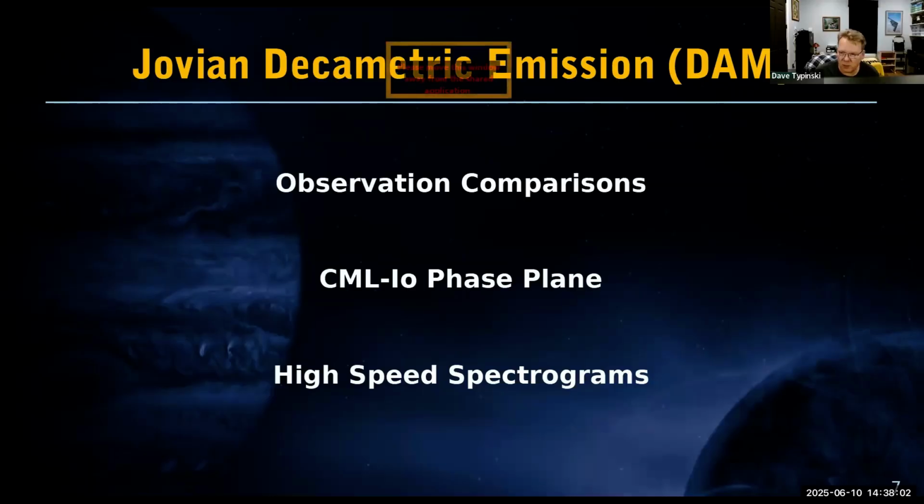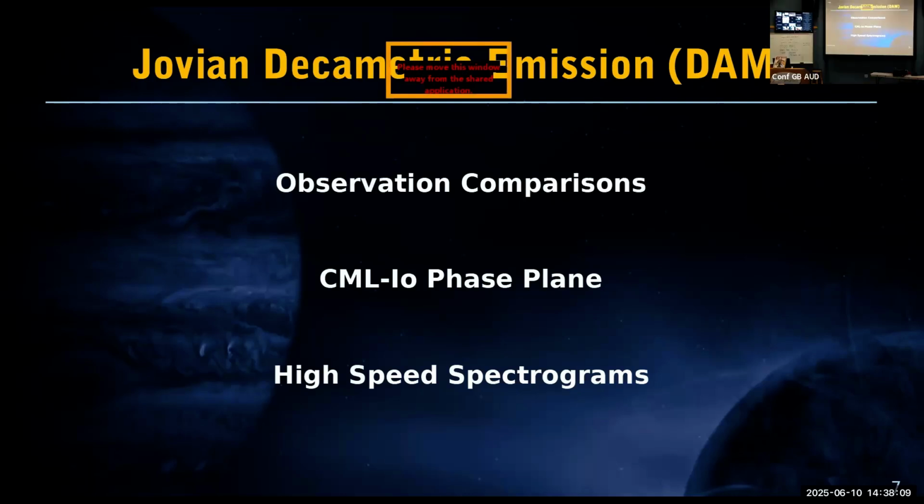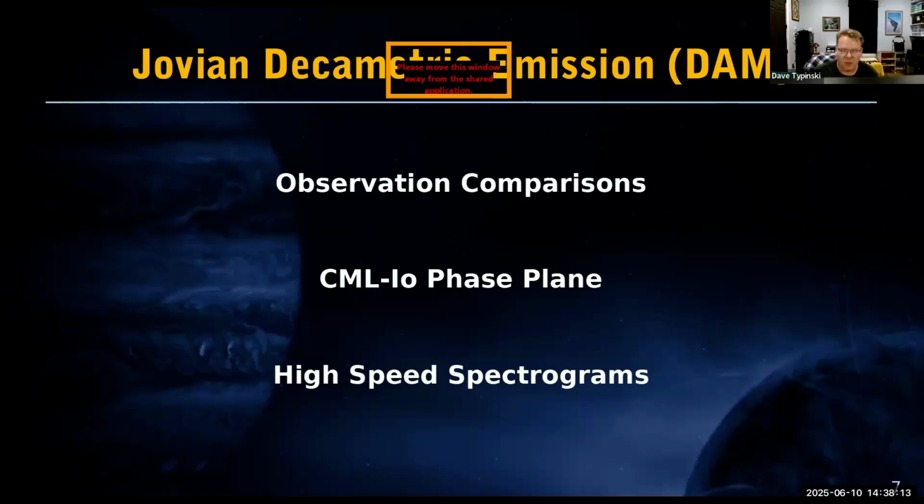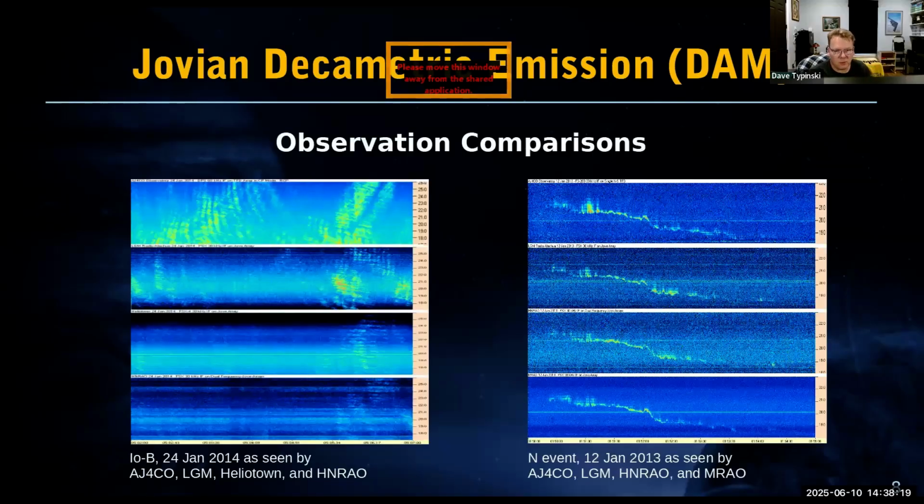Now that we have the SDRs with Radio JOVE, we might be able to get some neat stuff from those that we weren't able to get with the FSX spectrographs, and definitely weren't able to get with the single frequency receivers. For observational comparisons, what we're looking at is the same Jovian emission as received by different stations.